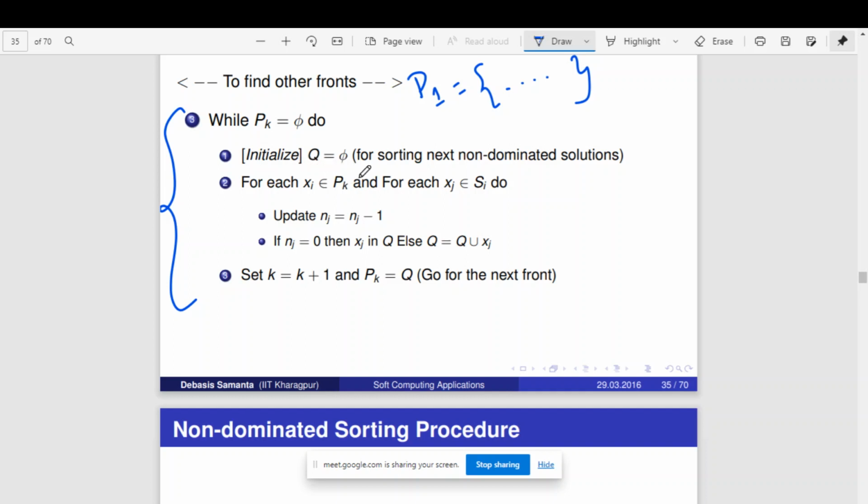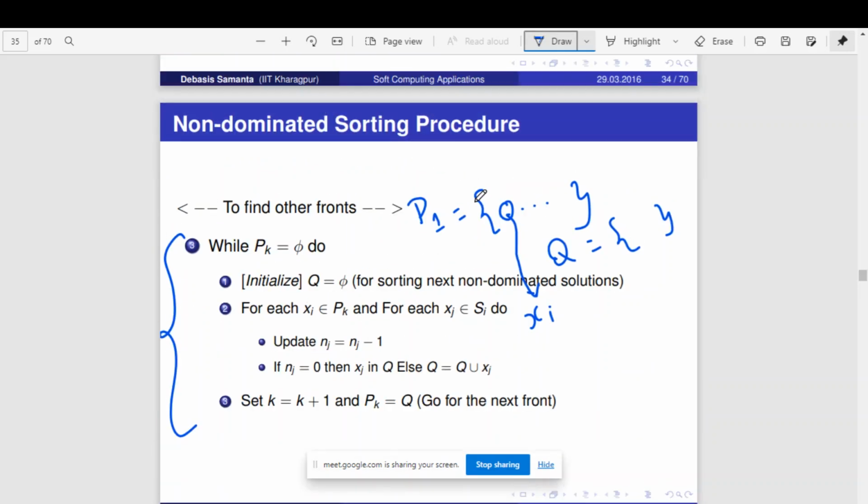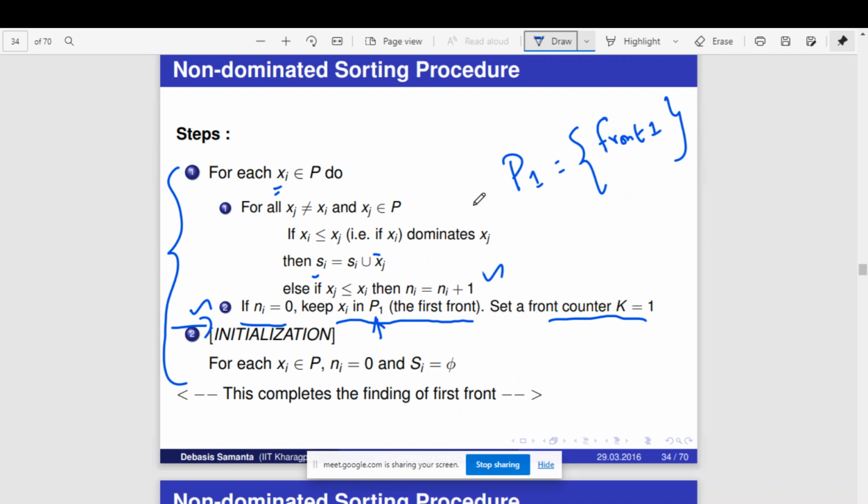Initialize Q equal to null set. So Q is an empty set. Then for each xi belongs to Pk, you take one individual from this P1, that is, who is in the first front, take one individual xi from Pk, and for each xj belongs to Si.